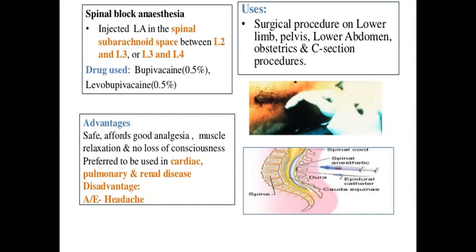The drugs used are bupivacaine 0.5% and levobupivacaine 0.5%. This procedure may be used in surgical procedures on the lower limb, pelvis, lower abdomen, and in obstetrics and C-section procedures in case of delivery.